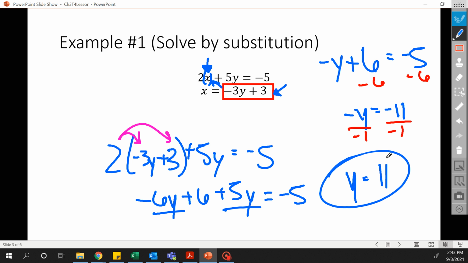Okay, so now that we have what y is equal to, we can go back to the expression that tells us what x is equal to. x is equal to negative 3y plus 3. I just need to substitute the 11 into that, so negative 3 times 11 plus 3.